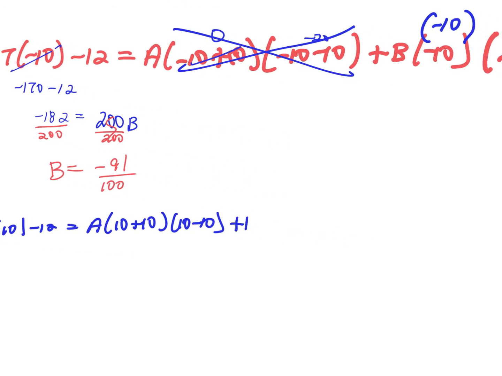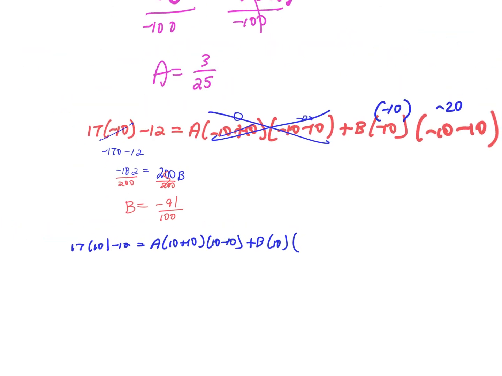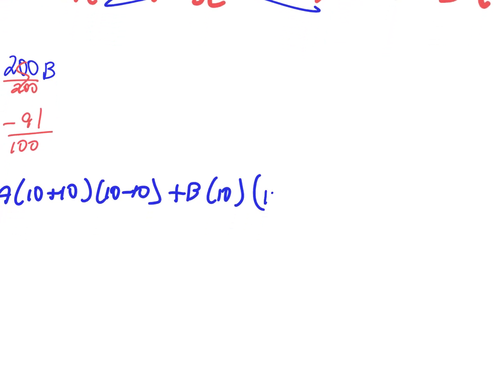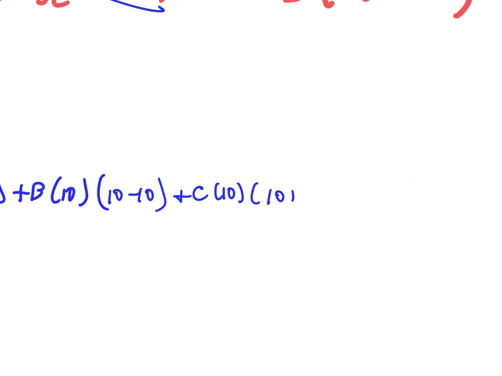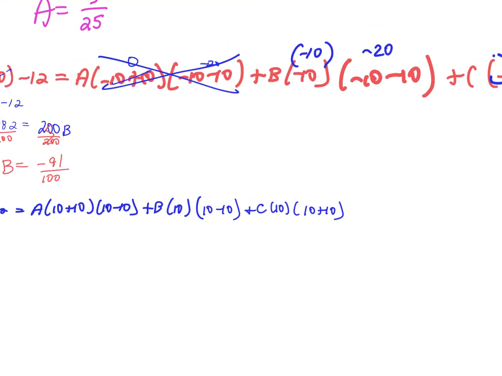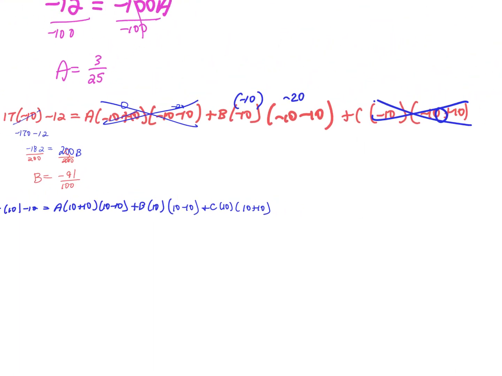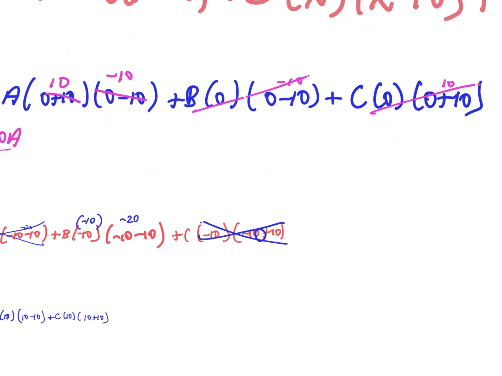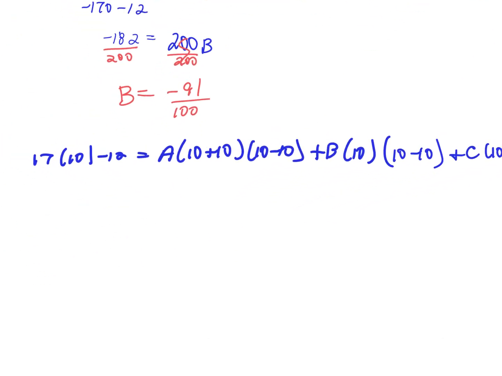Then I have plus B times 10 times 10 minus 10. Okay. And then I have plus C, which is 10 times 10 plus 10. Agreed? You guys with me? Right? Isn't the last one 10 plus 10? Yep. Okay, so now we just simplify.